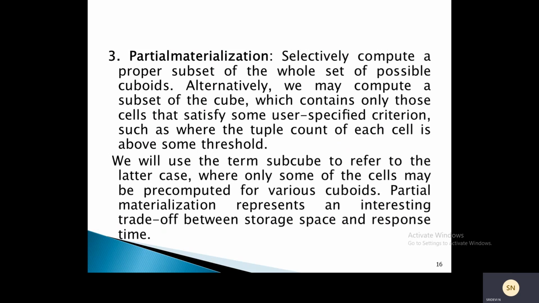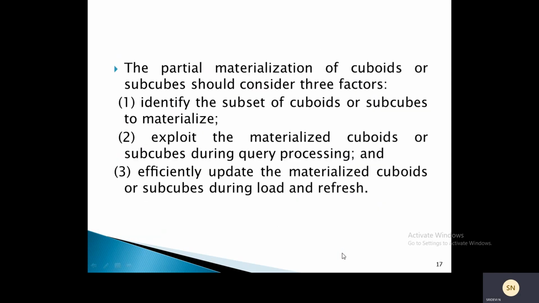Depending on the requirement, we pre-compute very few cuboids. This represents an interesting trade-off between storage space and response time. No materialization is extremely slow, and full materialization requires a lot of space, so partial is fine because you get a trade-off between storage space and response time.